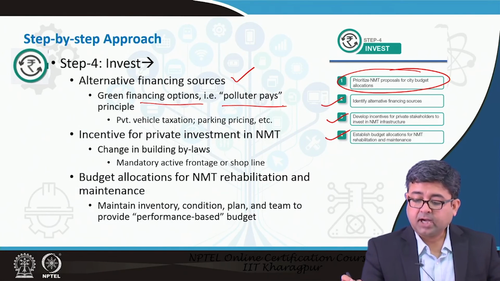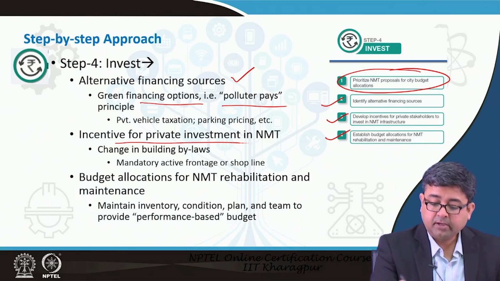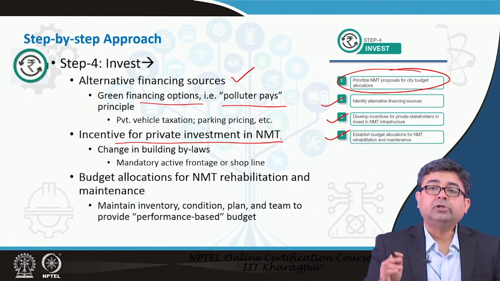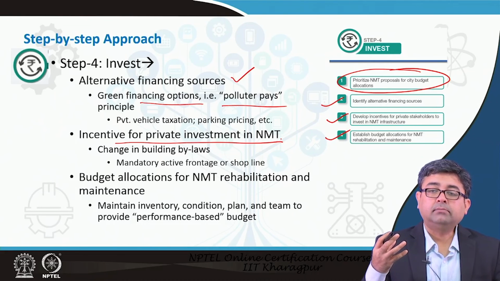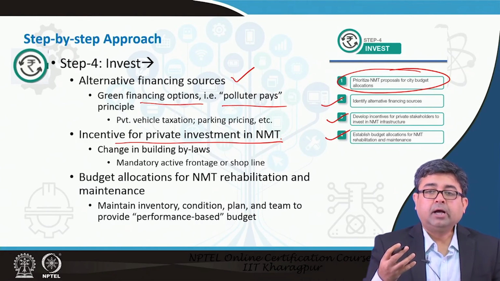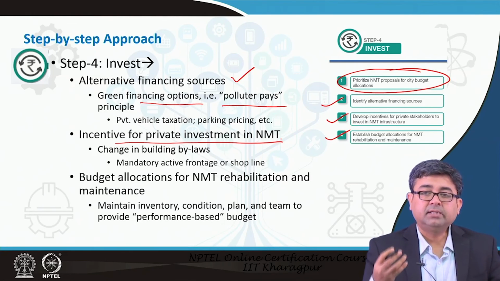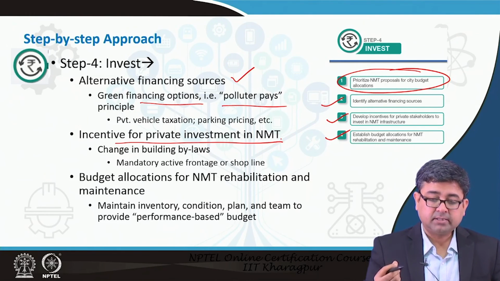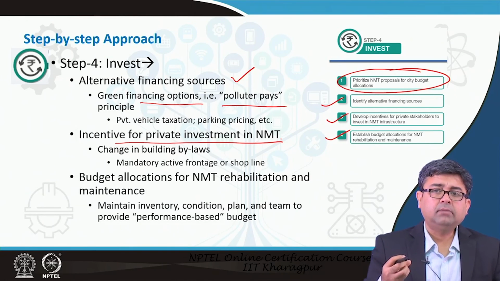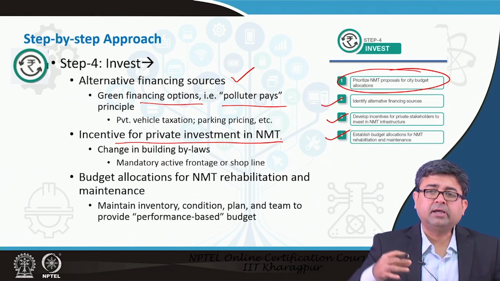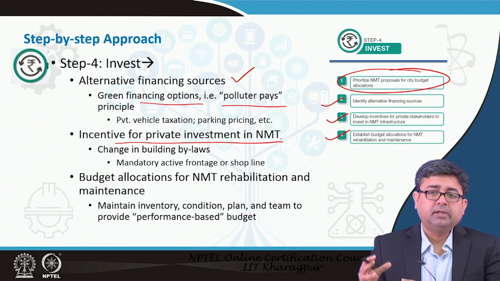The next thing to look at is developing incentives for private investment. We should not always depend upon public money to come in. Although these are all public infrastructure, private investment is very essential in these cases, and it can be done by small things that all accumulate into the larger network.